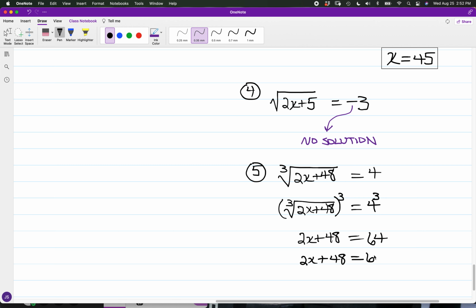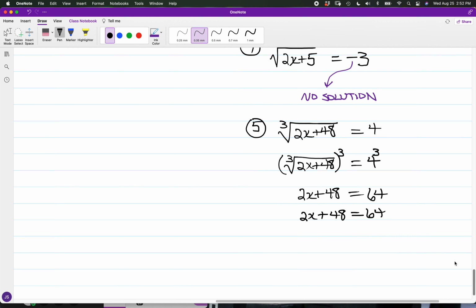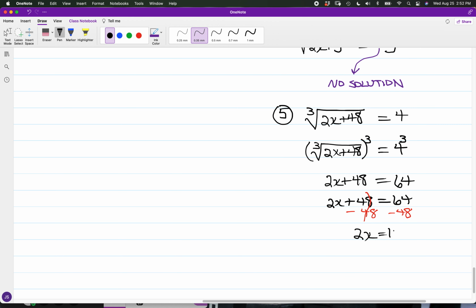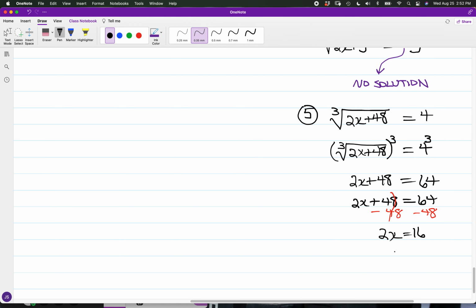If I isolate the variable term, upon taking 48 away from both sides, I have 2x is equal to 16, and with division by 2, x is equal to 8.